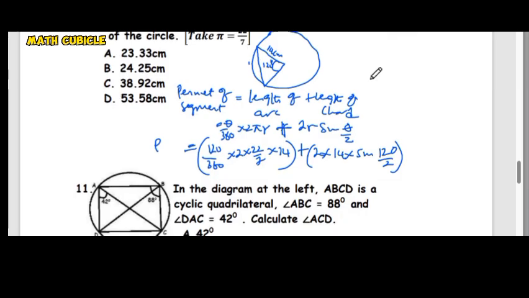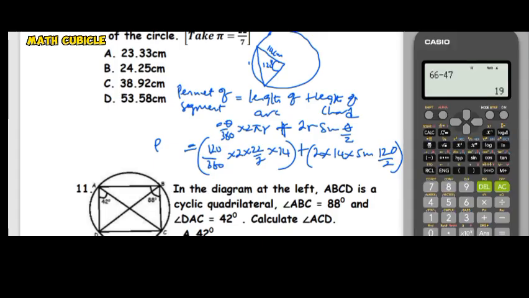So this gives us 120 times 2 times 22 times 14, divided by 360 times 7, which is 2520.